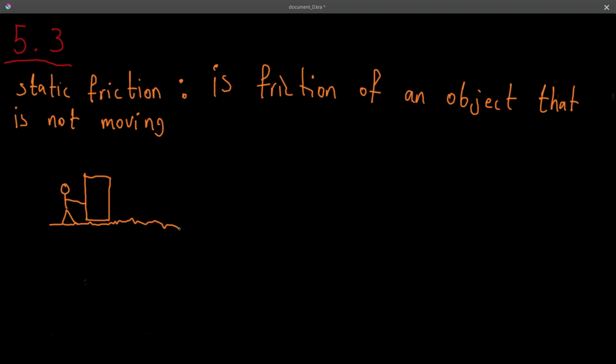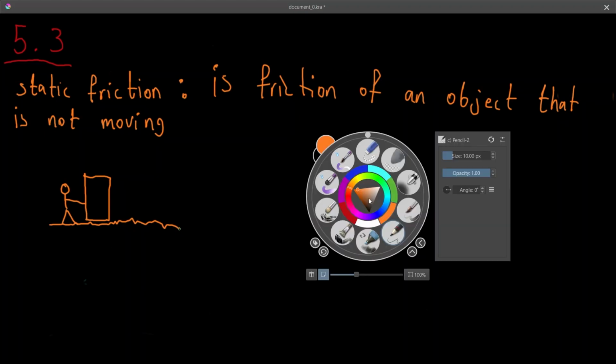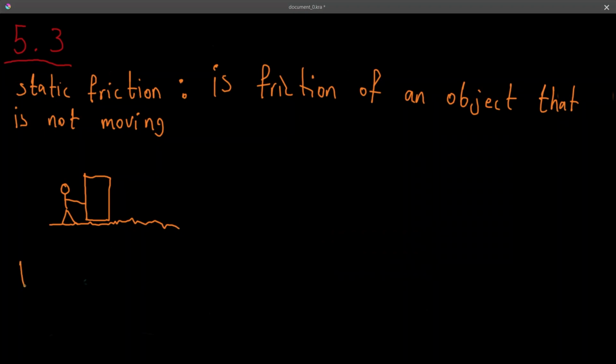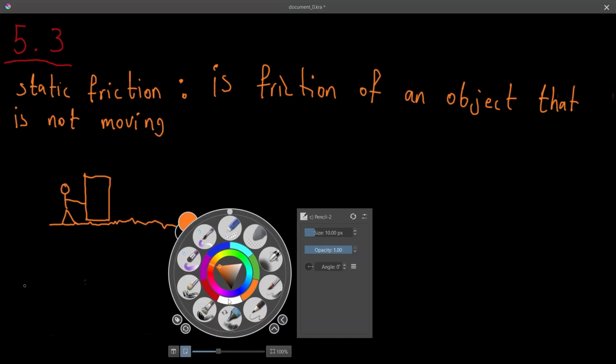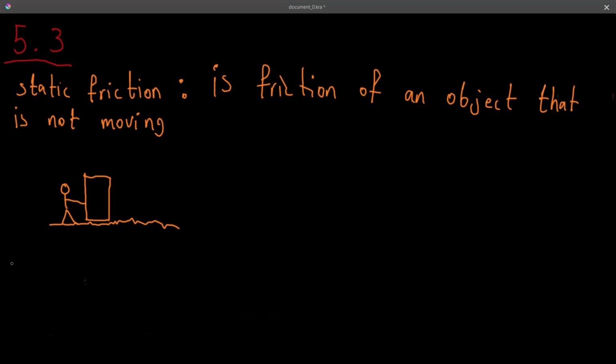Static friction is the force that's going to resist your push when you try to push on a table or whatever it is, or in this case, a fridge. Static friction is the force that is resisting you so long as the fridge is still not moving, right? The second this fridge starts to move, you get a different kind of friction, right?